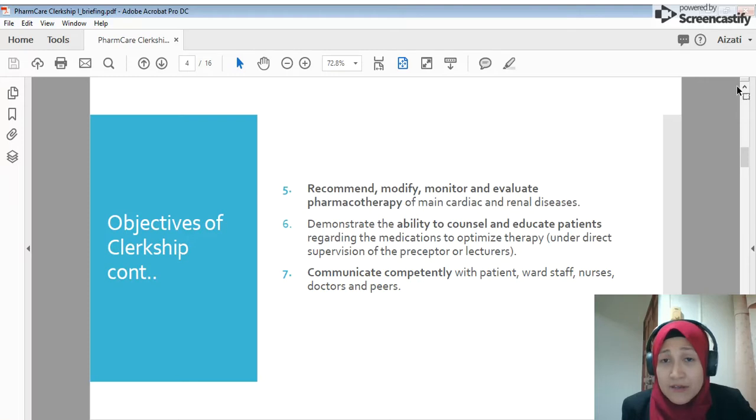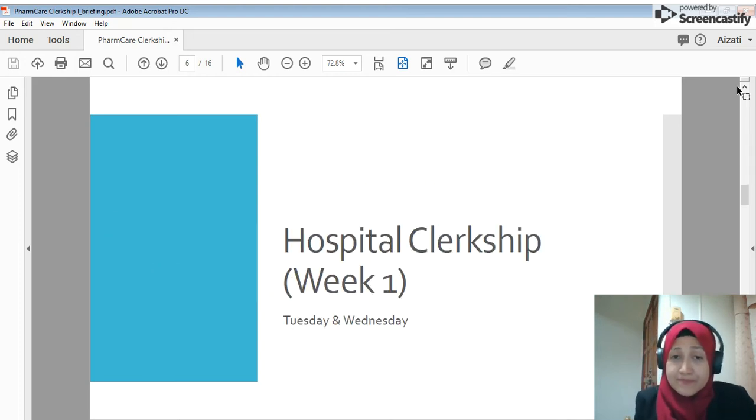You mention that you are a USM pharmacy student, so you want to interview them to get some additional history on the medication that they're taking. And you can only interview them if they allow you to do so. Number 7 is to communicate competently with patients, ward staff, nurses, doctors, and peers.